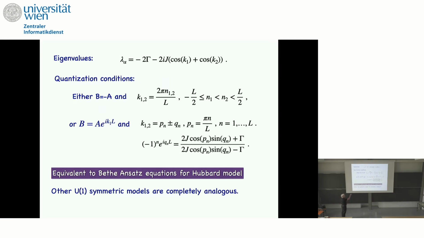And then from the boundary conditions and the Schrödinger equation when particles sit on top of each other, you quantize the momenta and you fix all of these various amplitudes. So we have completely explicit expressions for all of these wave functions. And the quantization conditions for the k1, k2 are non-trivial because it's an interacting theory. So they take the form I've written here.